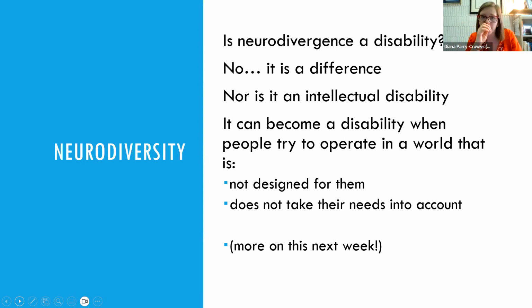So if you are operating or attempting to operate in a world that's really not designed for you because you're part of a minority, or that world doesn't take into consideration the needs that you may have in order to operate successfully in that world, then there may be some disconnect there that functions as a disability.